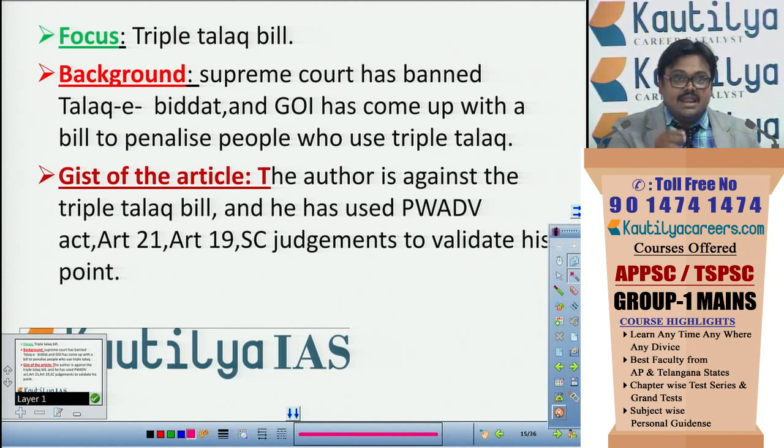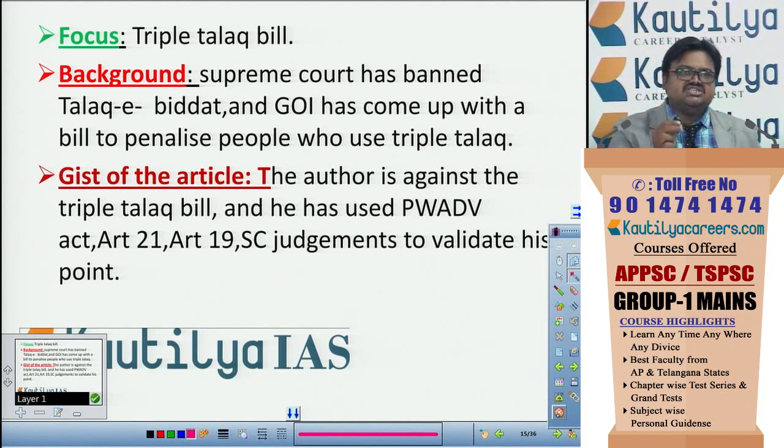Until now there is no provision in the law which criminalizes this pronouncement of triple talaq. However, the government wants to penalize the individuals who use triple talaq as an instrument of divorce.